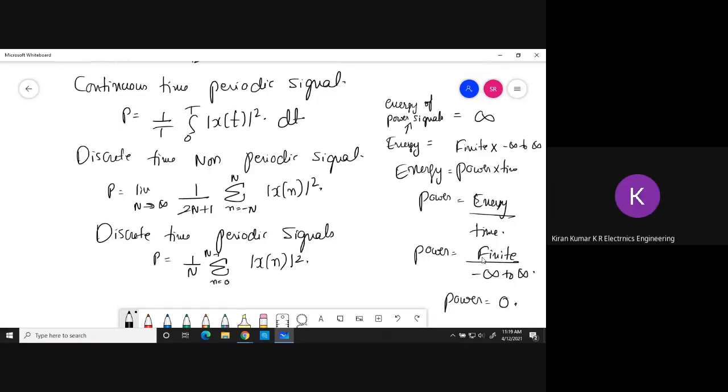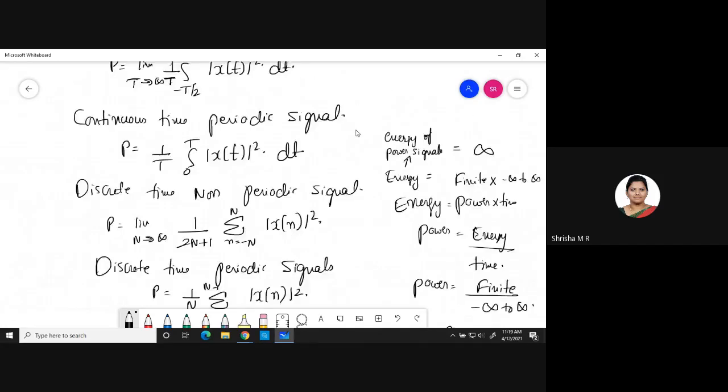Yes, ma'am. You have 2 types of signals, that is continuous time and discrete time. There is one more classification of signals, energy signals and power signals. You have energy for continuous time signal and energy for discrete time signal.